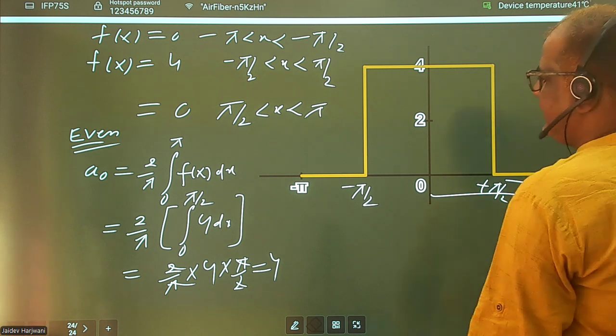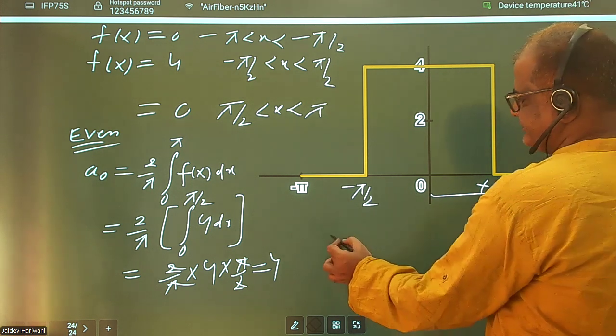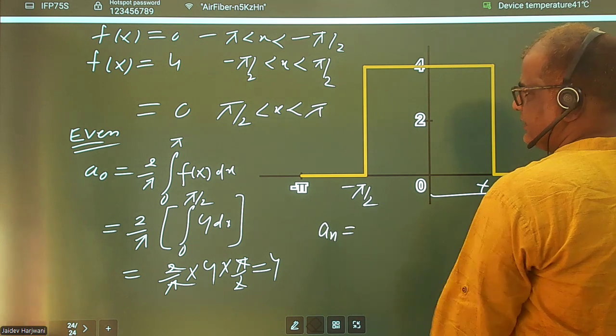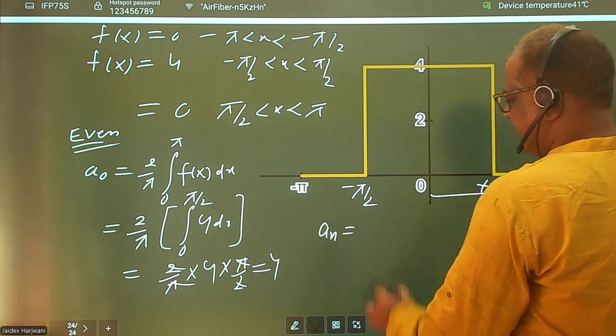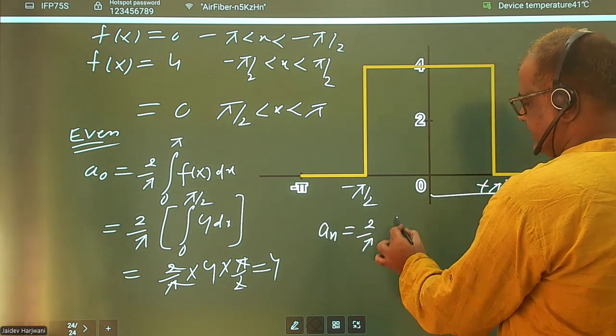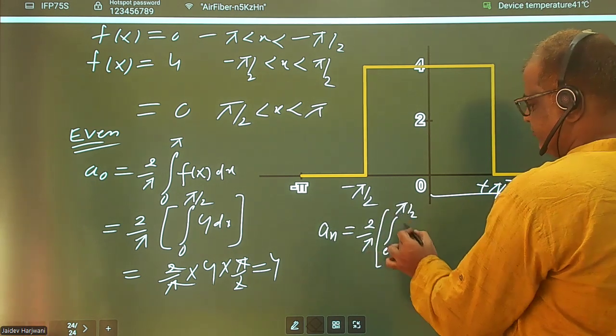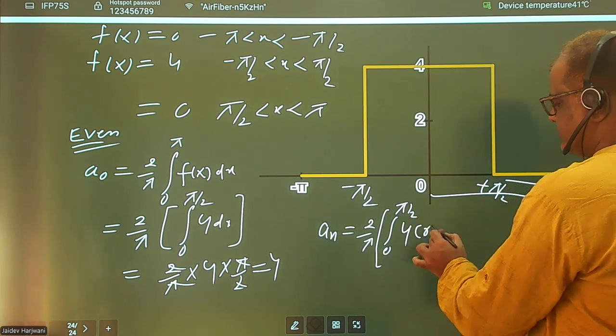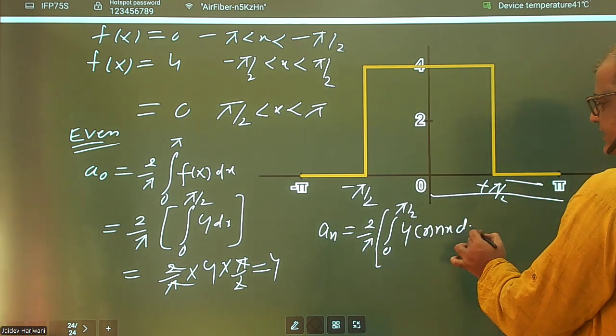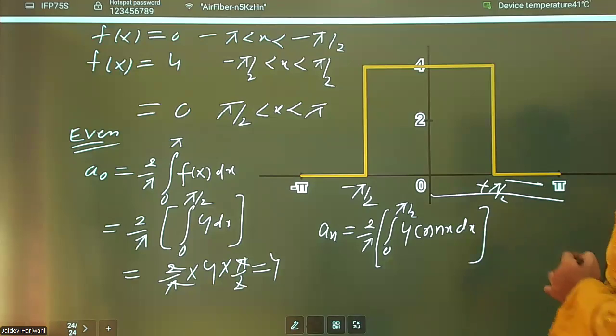Similarly, if I calculate an, an will again be 2 by pi, integral 0 to pi by 2, because up to pi by 2 the function is 4, of cos nx dx, and from pi by 2 to pi the function is 0.